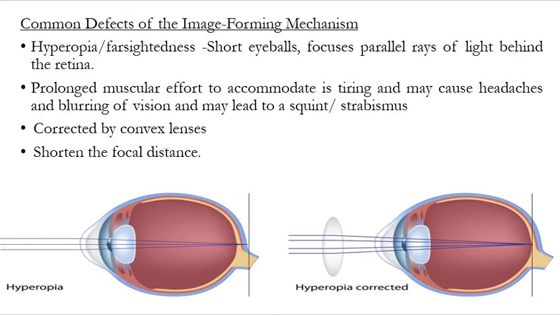In this case, you actually view things that are far much better than if they were near, because everything just goes on to the back. So it's like you have this innate ability to just bend things.